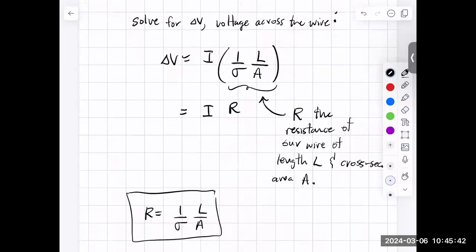R, the resistance: a high resistance means low current in your circuit. So if you have a high resistance, that comes from very long wires. Imagine trying to push current through a really, really long wire versus one that's really short. It's going to be easier to move the current through the short wire. You can think of this in terms of the hydraulic analog. Just think of a straw, okay?